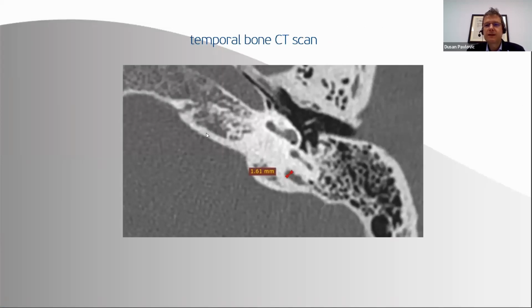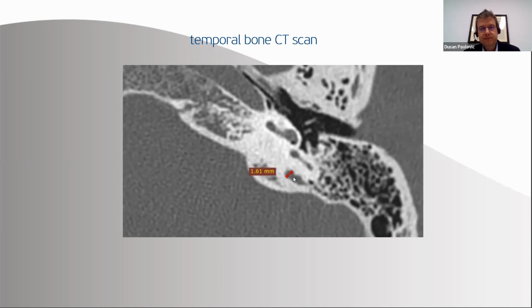Well, he doesn't have any dehiscence in the semicircular canals, but he has a wide vestibular aqueduct. This is the vestibular aqueduct, and it should be wide as this line here. This is the posterior semicircular canal, and the vestibular aqueduct should be less than 0.9 millimeters, but here it is 1.6 millimeters, so it's wider.